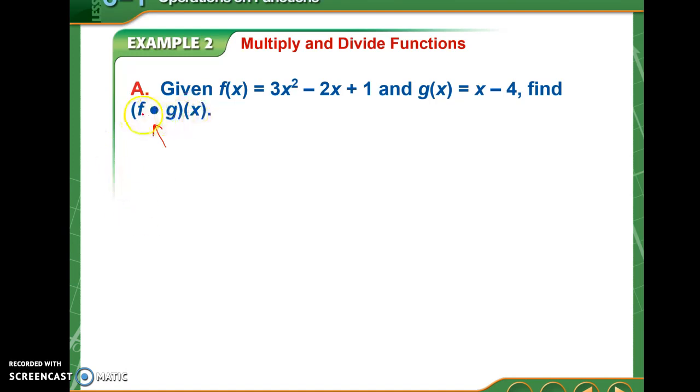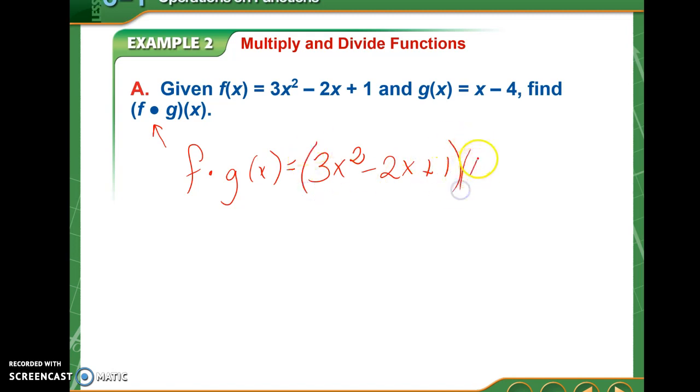So this means the f function times the g function. So f times g of x would be 3x squared minus 2x plus 1, that whole function, times x minus 4. So again, f function, g function, and I'm multiplying it. So remember, we multiply every term of this function by every term of this function, or you can go either way with multiplication.